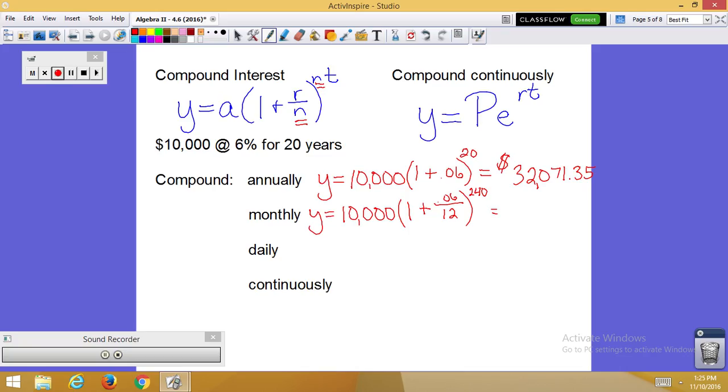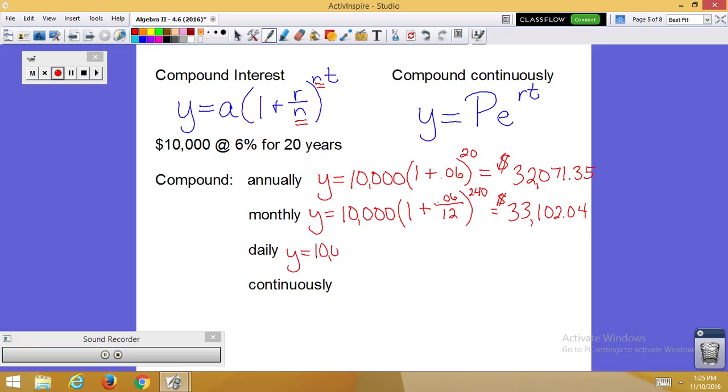Use your parentheses, type with me, 10,000 times 1 plus 0.06 divided by 12 to the power of 240. And you'll see that we earned a little more money compounding monthly than if we compounded annually. Now at the end of 20 years, we have $33,102.04.